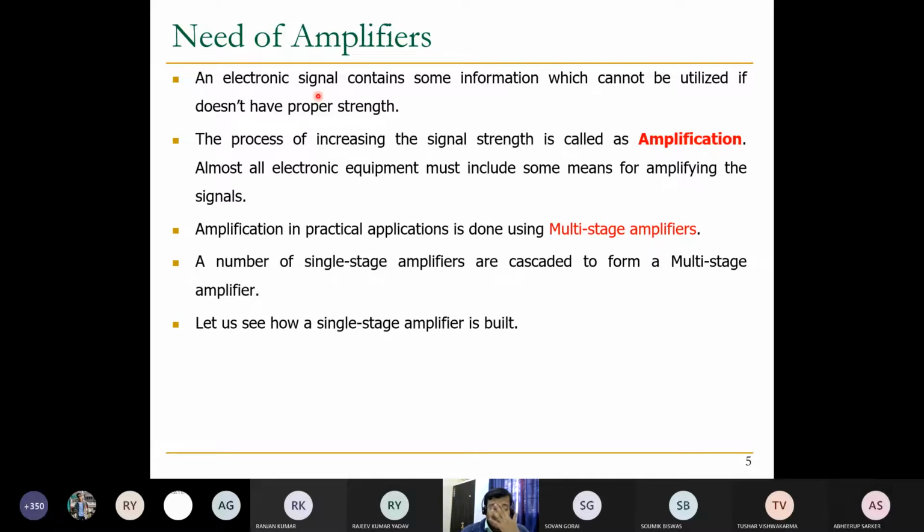At the receiver end you have to consider an amplifier, because you are receiving a low strength signal which you can't process for real applications. For that you have to do amplification. Where exactly is amplification required?